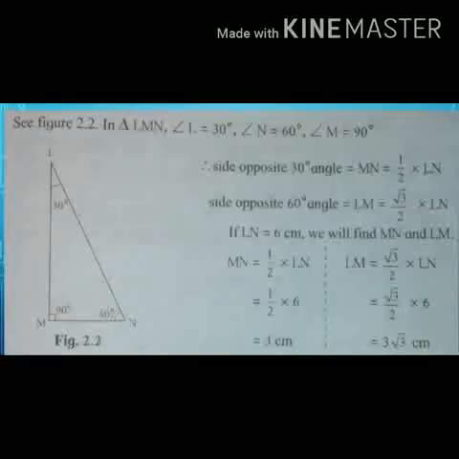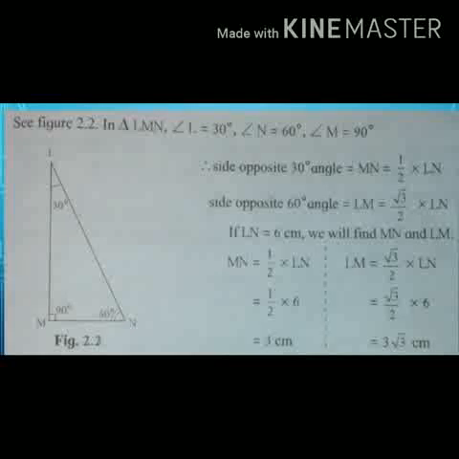See in the figure, we have shown a triangle LMN. In triangle LMN, angle L is 30 degree, angle N is 60 degree and angle M is 90 degree.